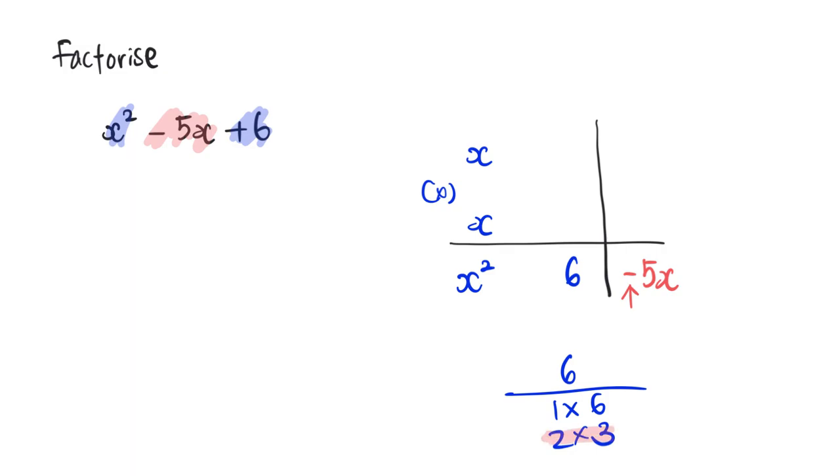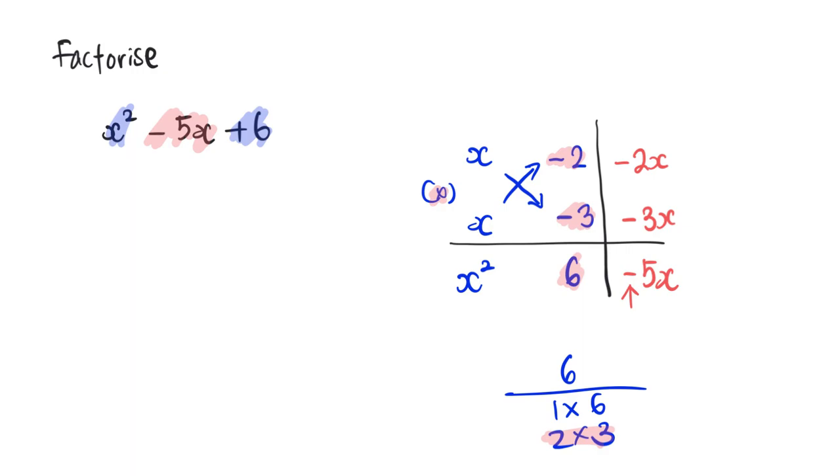Mr. Tan thought about it carefully and realized that if I have negative 2 and negative 3, this will give me negative 3x. This will give me negative 2x. Negative 2, negative 3 will indeed give me negative 5, and negative 2 times negative 3, yep, it will give me positive 6.